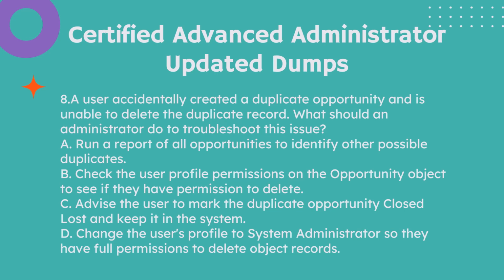B. Check the user profile permissions on the opportunity object to see if they have permission to delete. C. Advise the user to mark the duplicate opportunity closed lost and keep it in the system. D. Change the user's profile to system administrator so they have full permissions to delete object records.